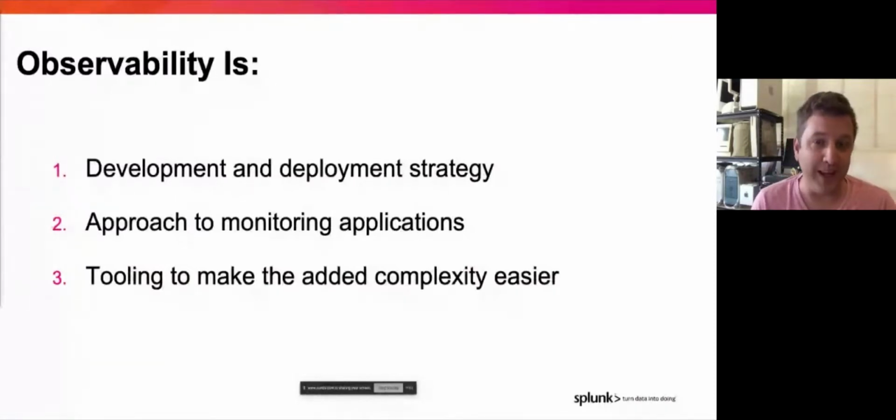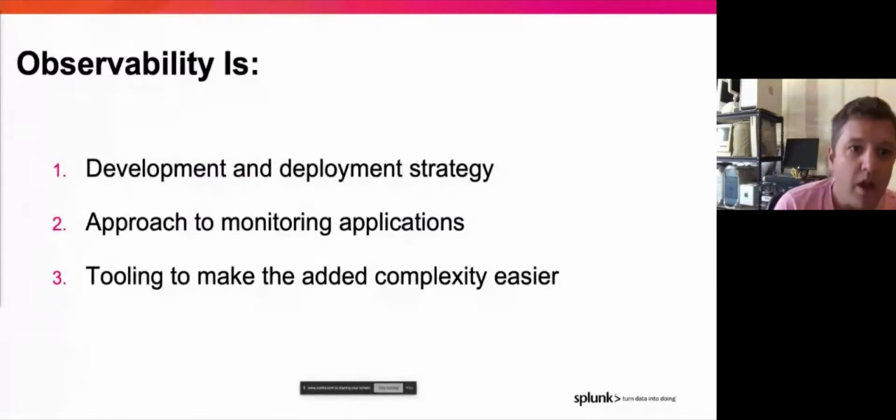Are you instrumenting in your code to collect data? Are you instrumenting on the infrastructure level with agents and maybe the sidecar pattern, which is a pattern where you have a service and you basically have an agent monitoring or connected directly to that service? So there's a strategy element.